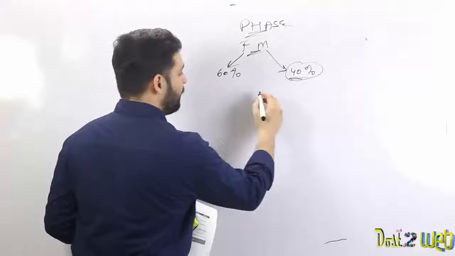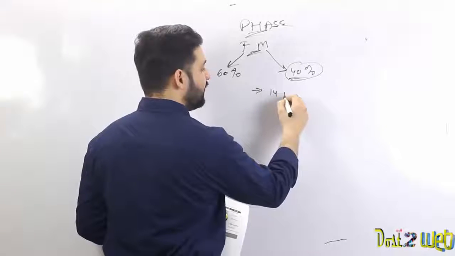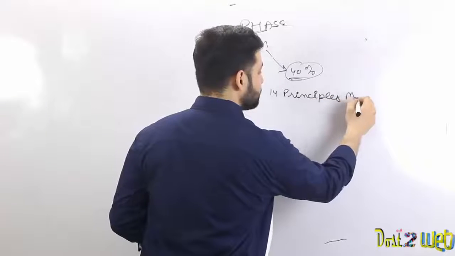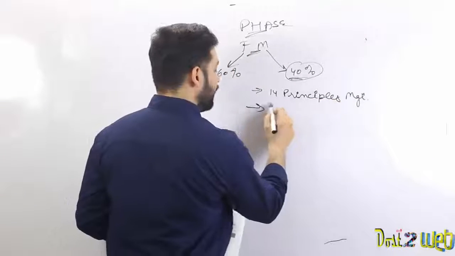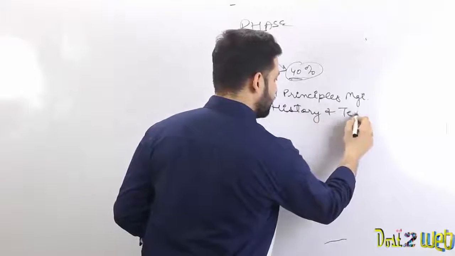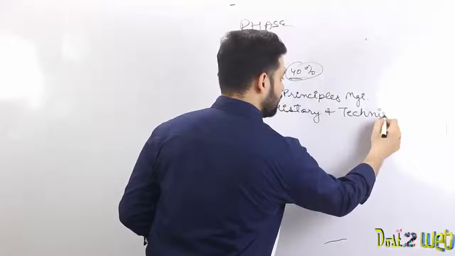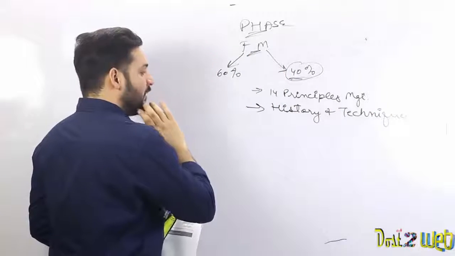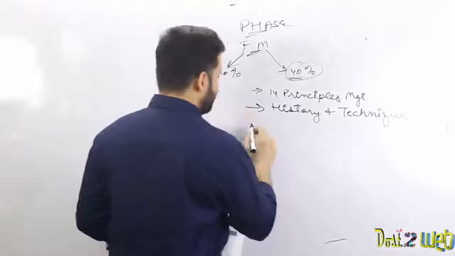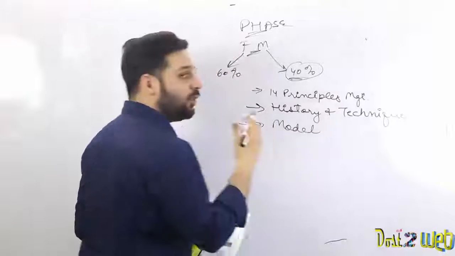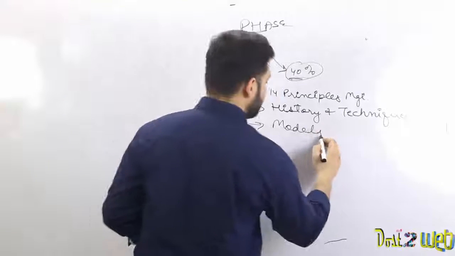First of all, the important topics, if I talk about the 14 principles of management, then the history and techniques of management, the XY technique and that scientific management, all those techniques, the management models, the BCG model, the Porter model, very important.